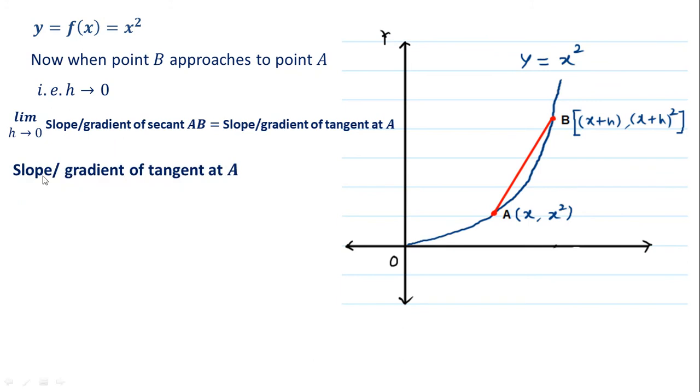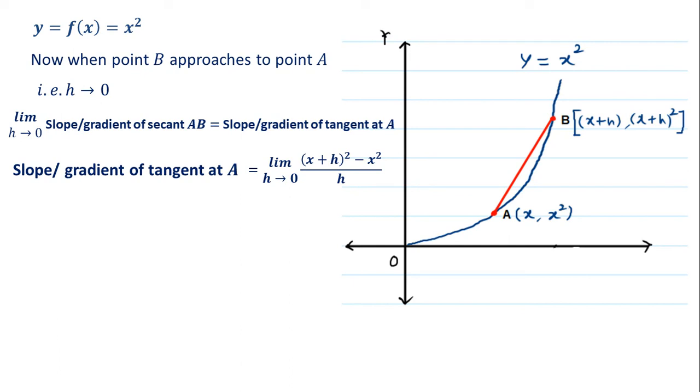So slope or gradient of tangent at A, what will you write? Slope or gradient of tangent at A mathematically can be written as limit h tends to 0, (x plus h) whole square minus x square upon h. (x plus h) whole square minus x square upon h is the slope of secant AB, and when h approaches 0, that means point B approaches point A, it will be the tangent.